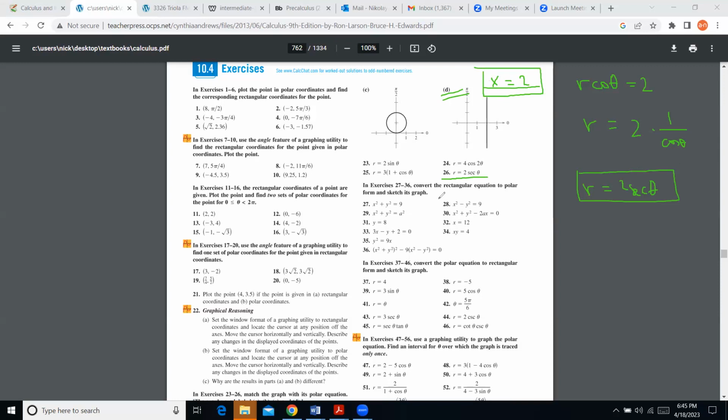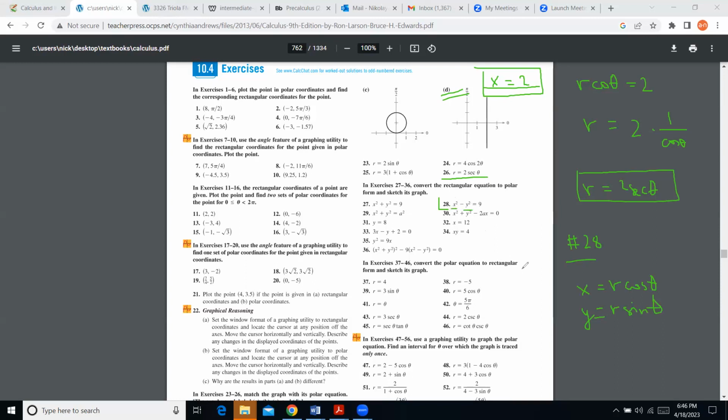Like, for example, what can I do with 28? Let me do 28 and then I'll let you go, I think. I just love these problems, but again, I don't want to put too much stuff in it. So x is r cosine theta and y is r sine theta. So when you see x and y, right away you replace them with r cosine and r sine.